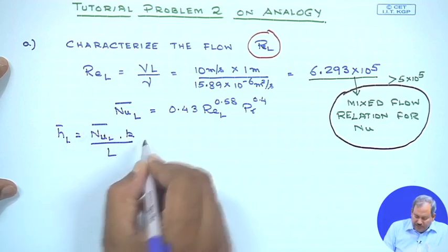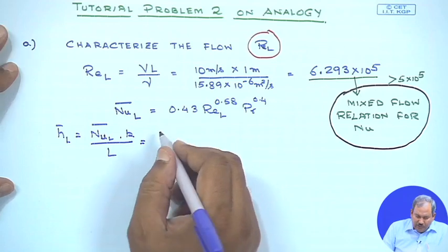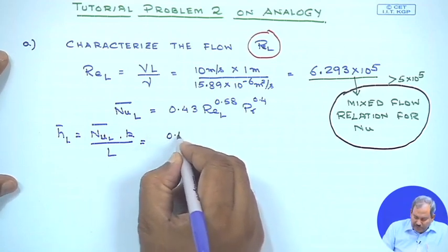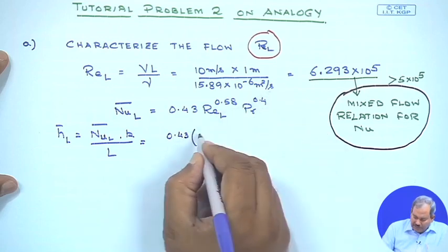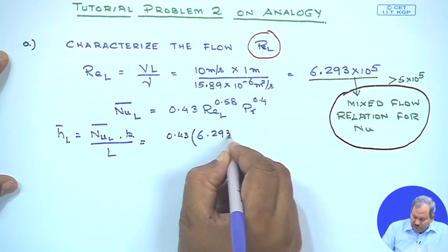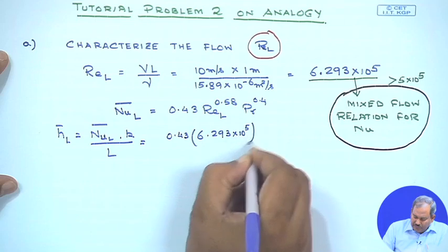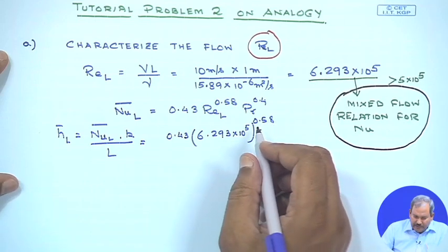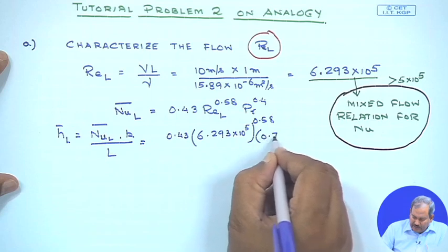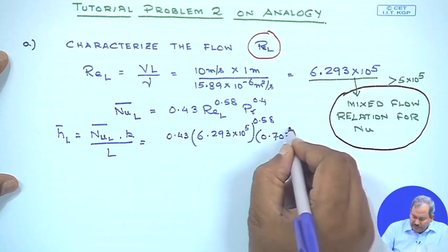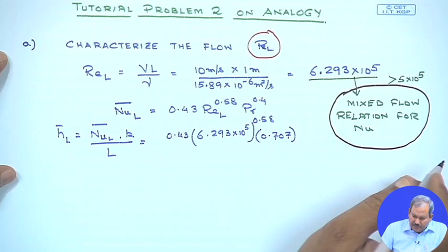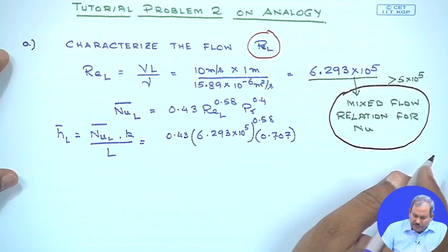thermal conductivity by length, and when you put in the numbers over here, it is 0.43, Reynolds number is 6.293 into 10 to the power 5, Prandtl number, as this is air, is roughly going to be 0.707, but the value of Prandtl number has also been provided.